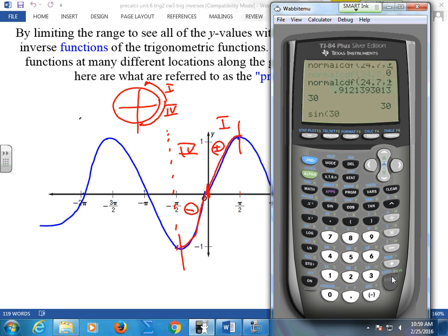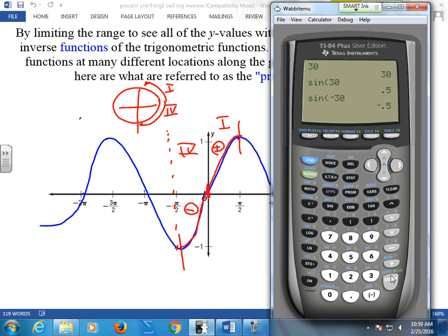Nope, the sine of 30 is 1/2, right? The sine of 30 is 1/2. Now, what is the sine of negative 30? And doesn't that show me that here too on my graph?